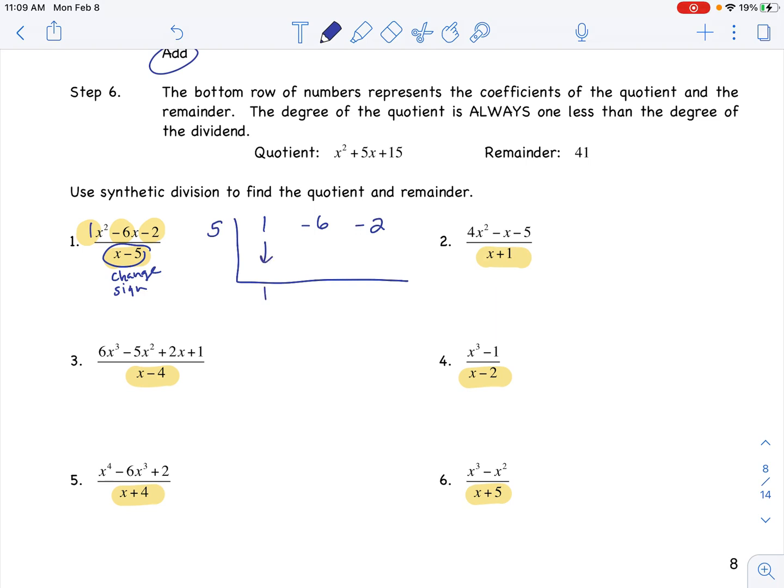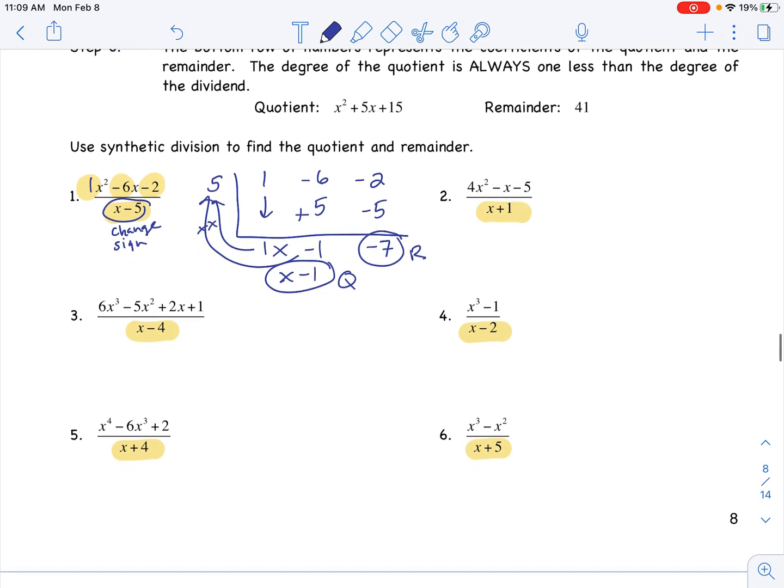Bring down the 1, multiply, add, multiply, add. Negative 7 is my remainder. Negative 1 is the constant. This one gets an x, so x minus 1 is my quotient. And I'm done. That's how easy these are.